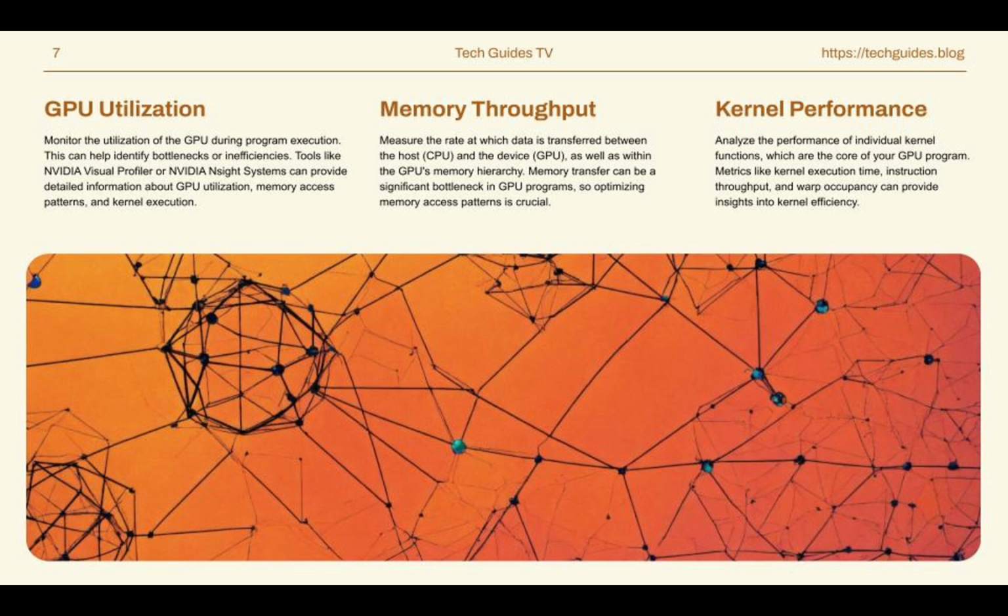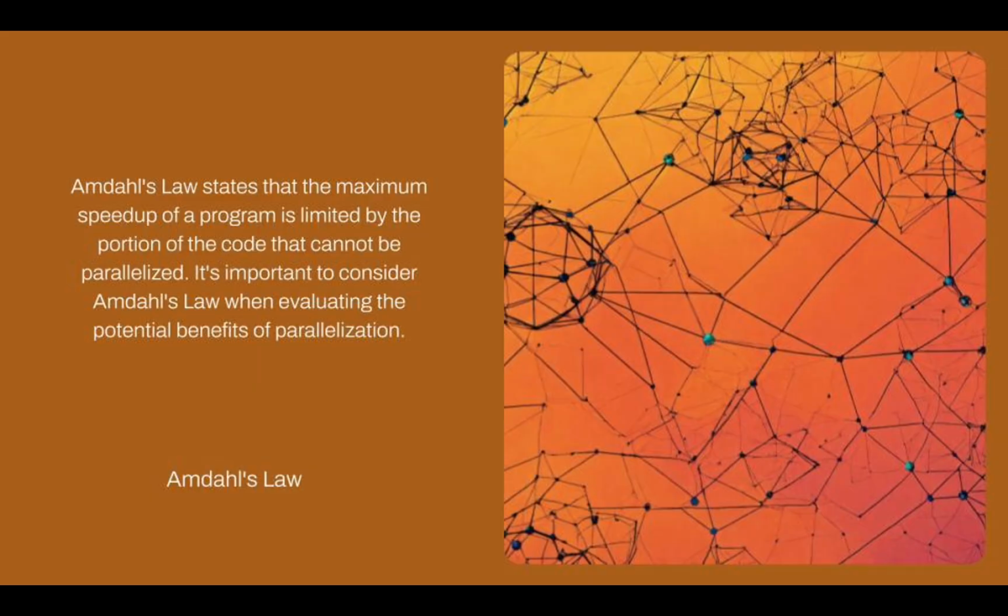Then we're going to end today's webinar by discussing Amdahl's law. Have you heard of Amdahl's law? It states that the maximum speed up of a program is limited by the portion of the code that cannot be parallelized. It's important to consider Amdahl's law when evaluating the potential benefits of parallelization.